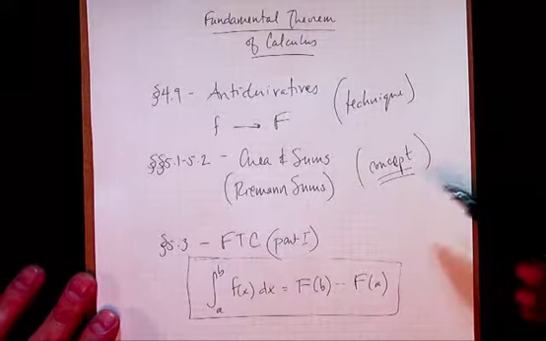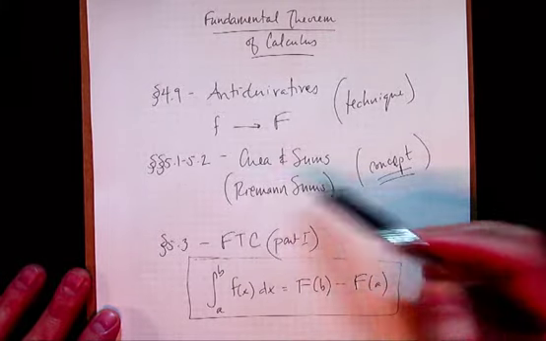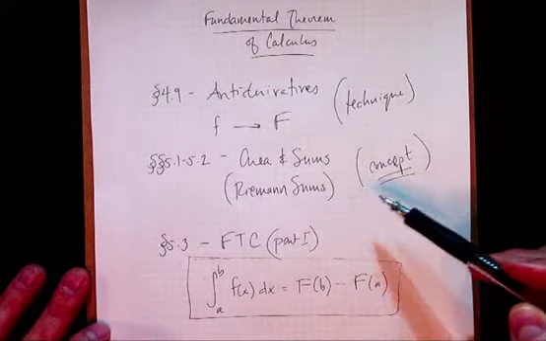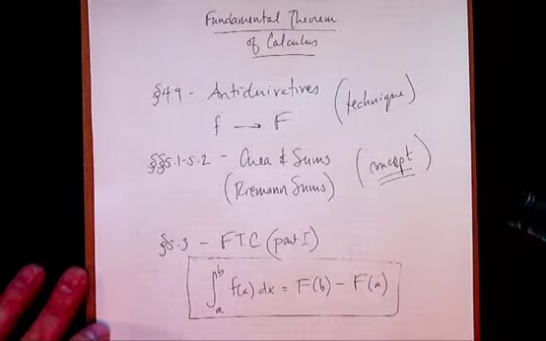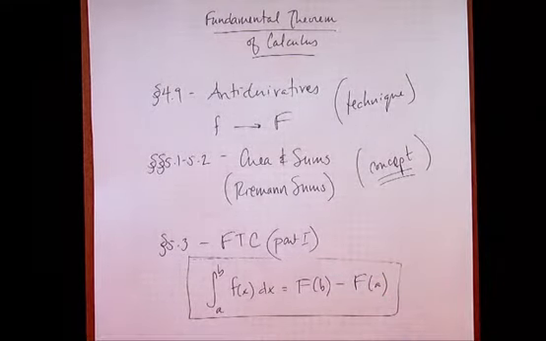Now, after we dealt with finding those approximate areas and then running those approximate areas off to infinity by means of the number of cross sections, right?